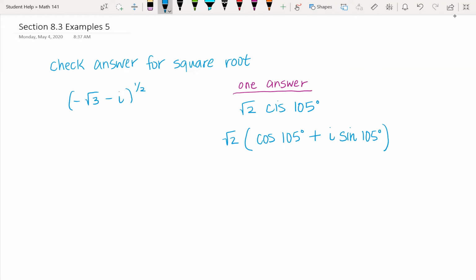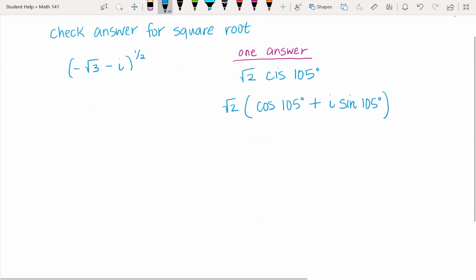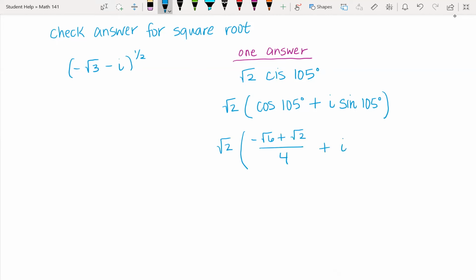If I plug this into my calculator, I have the square root of 2 multiplied by the cosine of 105 degrees is negative square root of 6 plus the square root of 2 over 4. And the sine of 105 degrees is square root of 6 plus square root of 2 over 4.